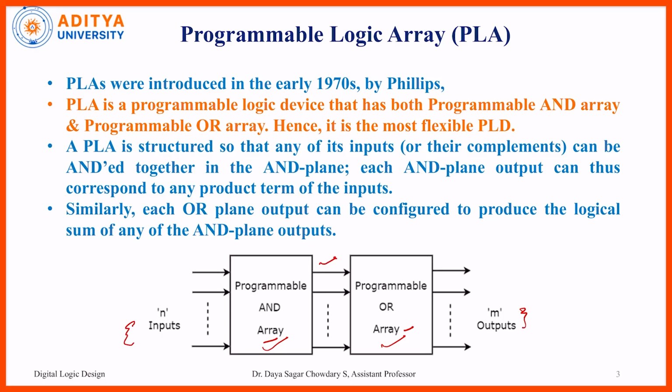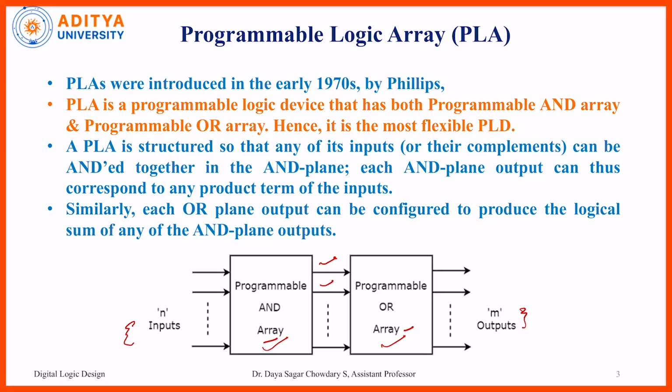In between, some outputs from the AND gate array are given as inputs to the OR gate array. Similarly, each OR plane output can be configured to produce the logical sum of any of the AND plane outputs. That means in between, some product terms are there.